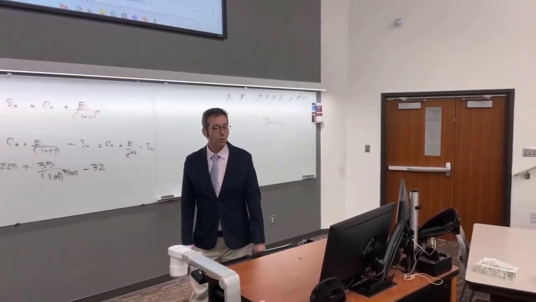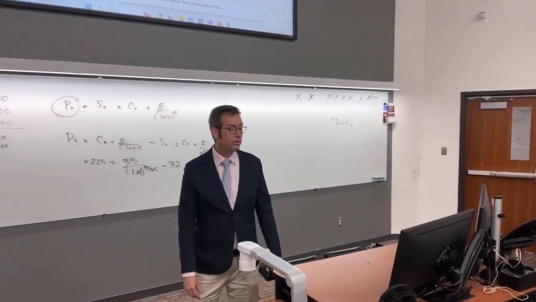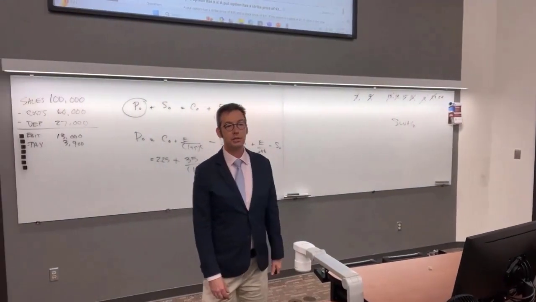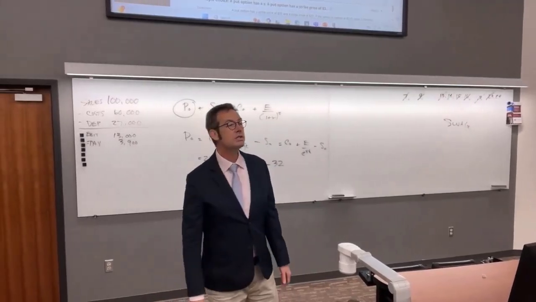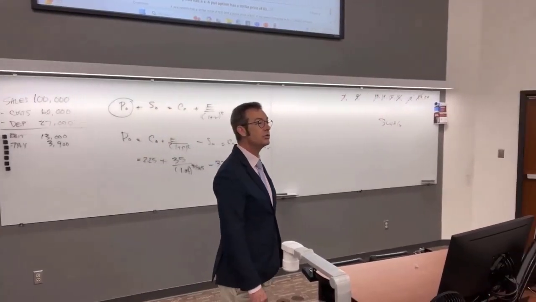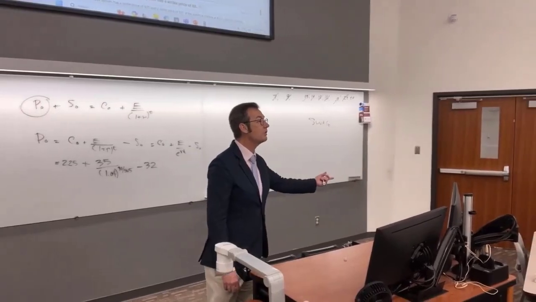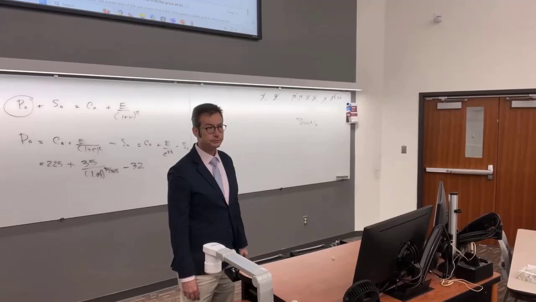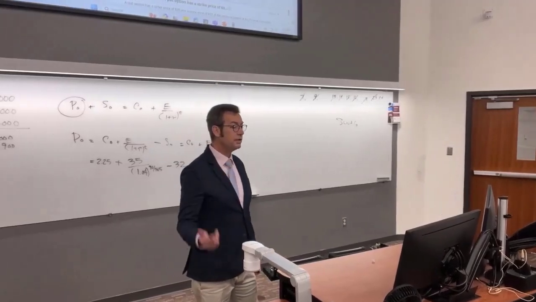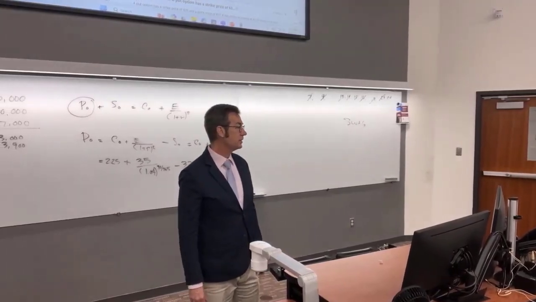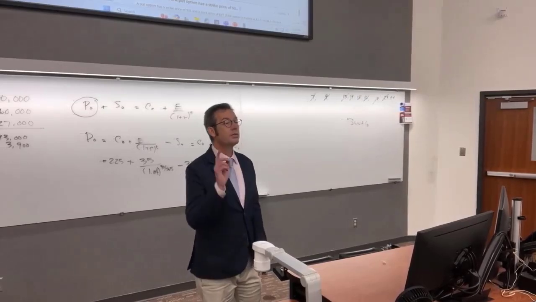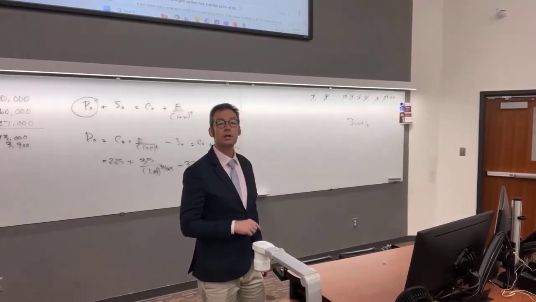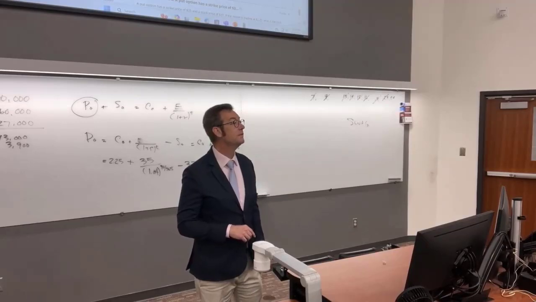So, what is the intrinsic value here? Well, this is a call option. And so it's always going to be stock price minus the exercise price, or zero, whichever is greater. What's the stock price here? $36.50, and the exercise price is $34. $36.50 minus 34 is positive $2.50.